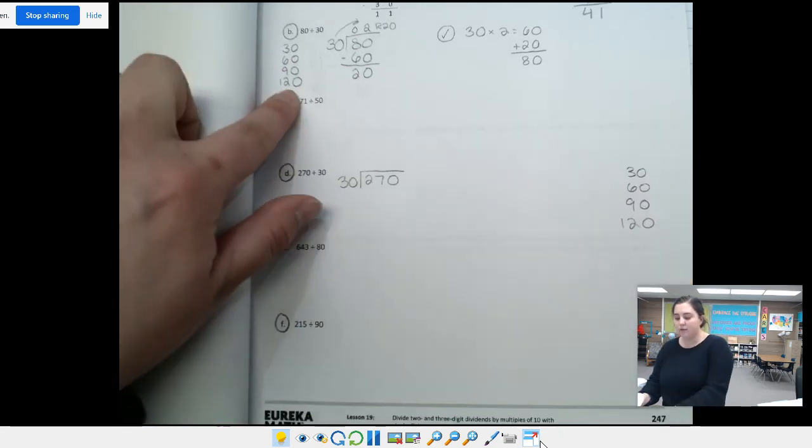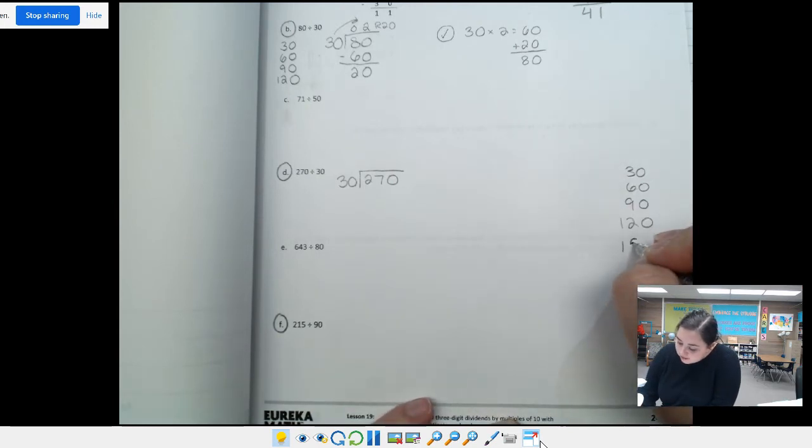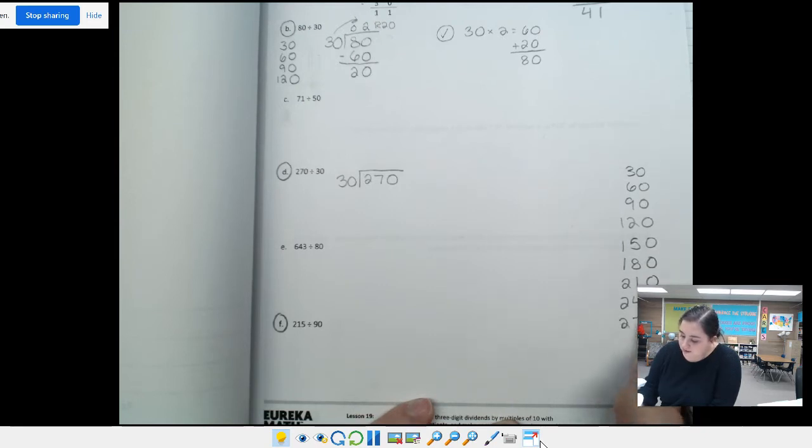I had that up above. Okay, so now 12 plus 3 would be 15. Add a 0. 18, add a 0. 21, add a 0. 24, add a 0. 27, add a 0. And 30, add a 0.